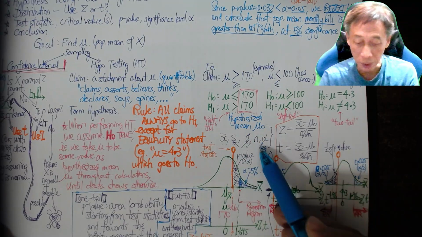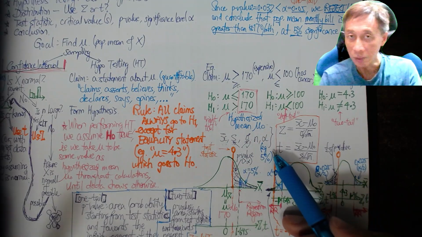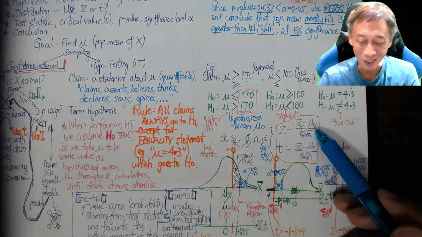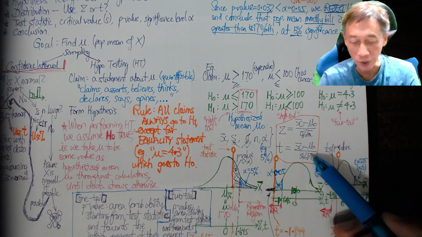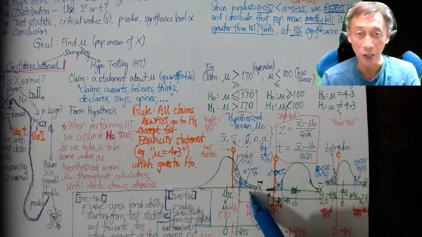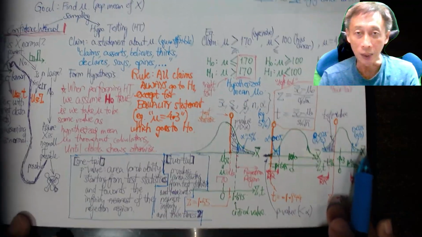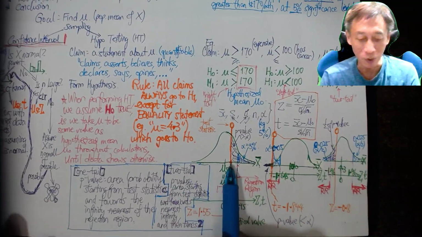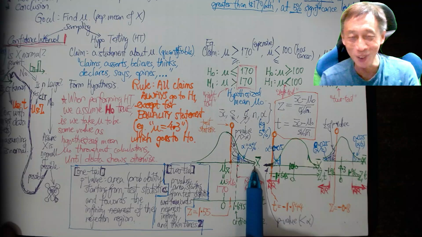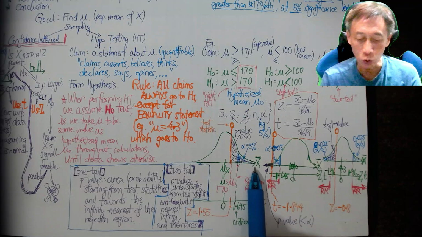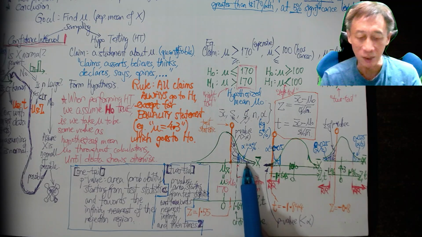Actually not many, typically four numbers, and you plug them into the formula, which is pretty much fixed. Sketch a diagram. I strongly suggest you sketch a diagram. It doesn't have to be accurate, doesn't have to be very nice like mine, very colorful. It can be just quickly sketched so as to know where the tail is.